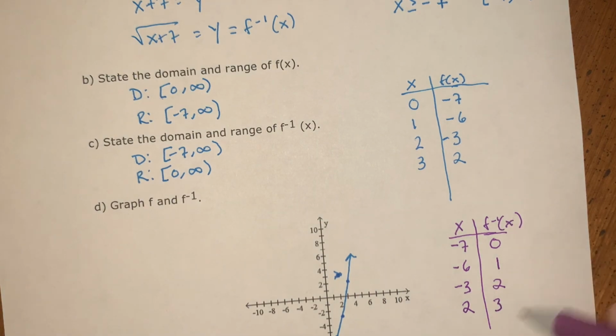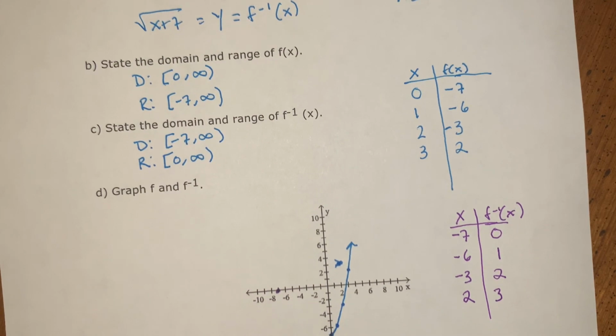So I have these. Now I'm going to connect them with a smooth curve. So here's -7. Here's 0. Here's -6. Here's 1. Here's -3. I gotta go to 2. And at 2, I get 3, which is the number I tried to erase, right?